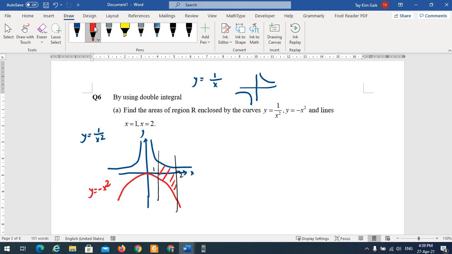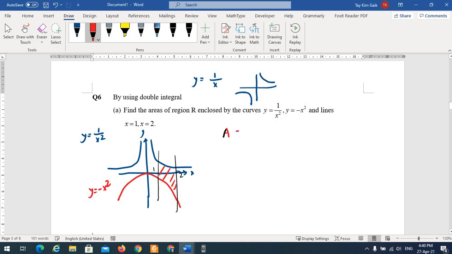So in this case, should you use dy dx or dx dy? Yes, right. The region is bounded by the bottom curve y equal negative x squared and the upper curve y equal 1 over x squared. So we use dy dx.